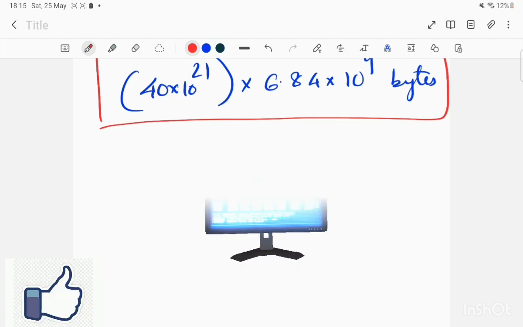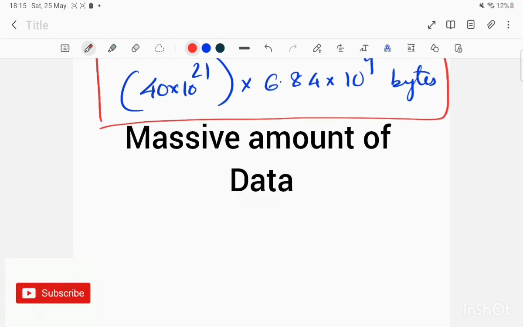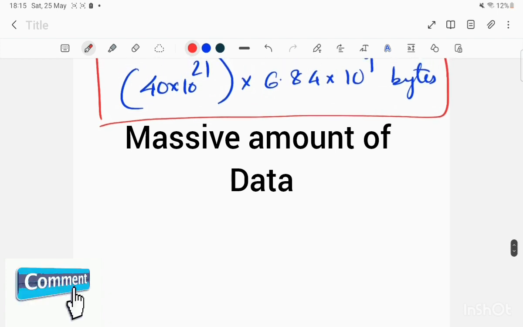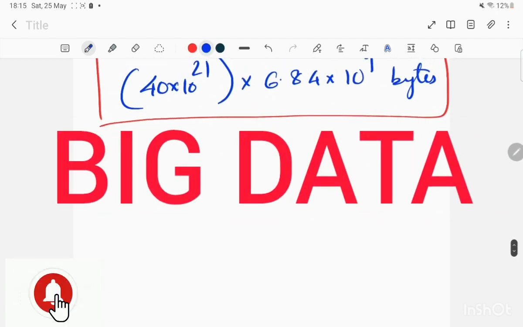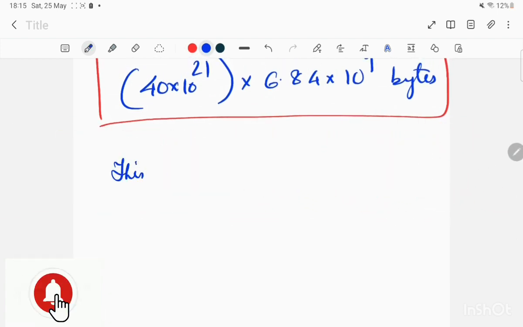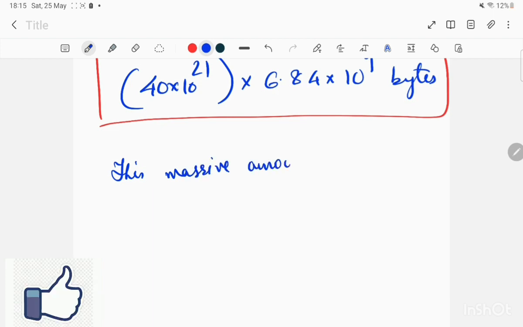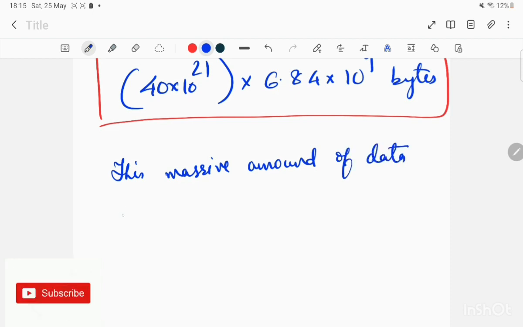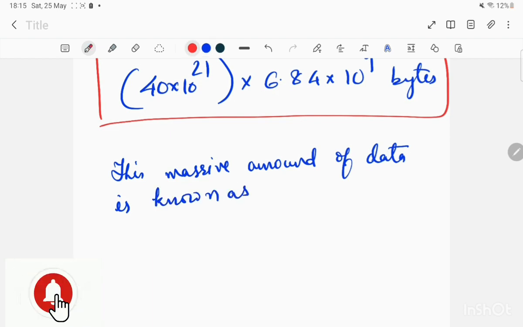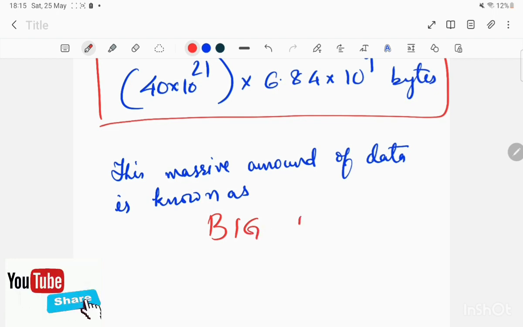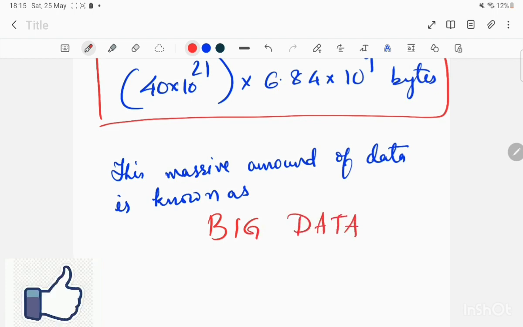So this massive amount of data is known as big data.